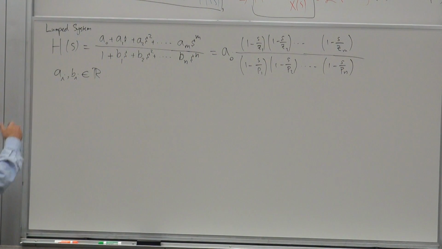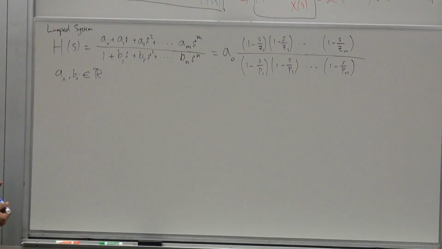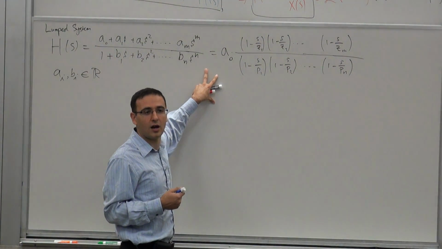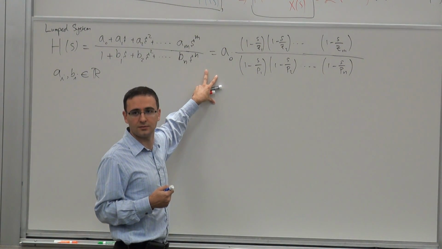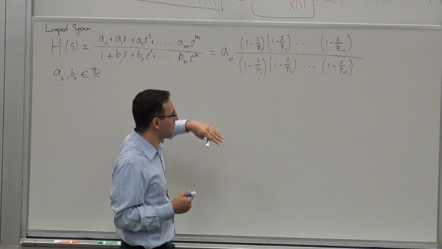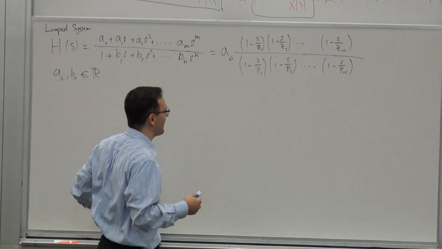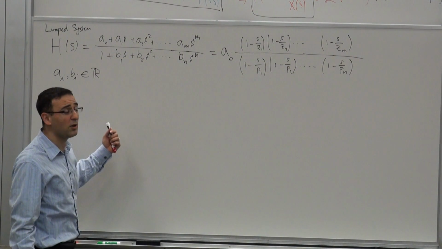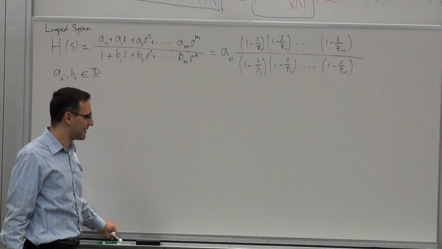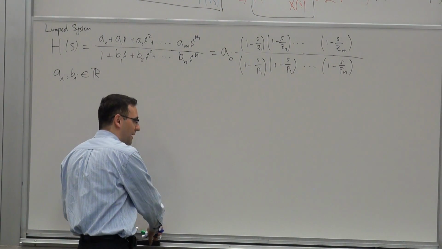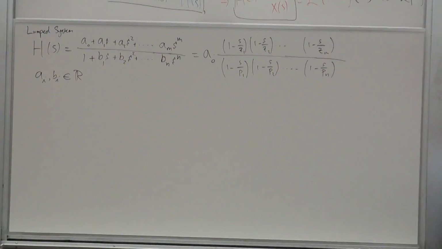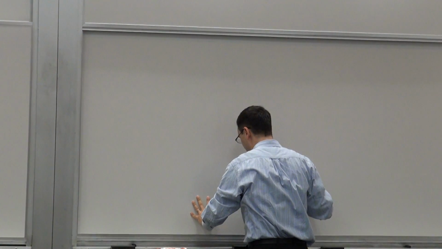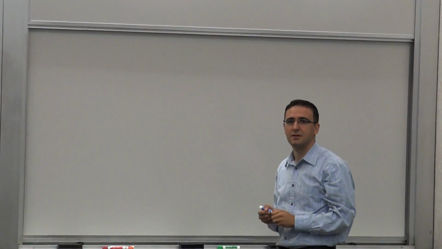So this representation, what you see here, you can try to look at it on the so-called Bode plot, right? You can try to evaluate it on a Bode plot, and we'll do that. But before we do that, let's first think about a certain kind of transfer function with certain poles.